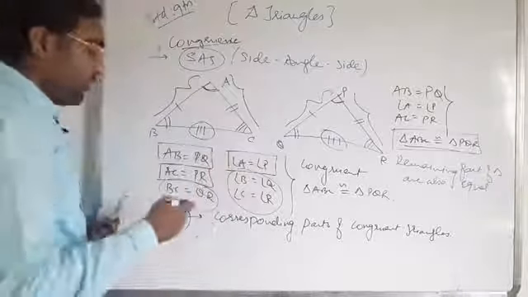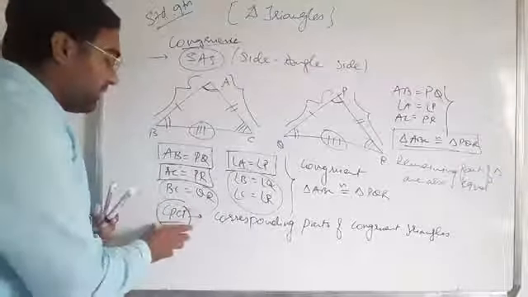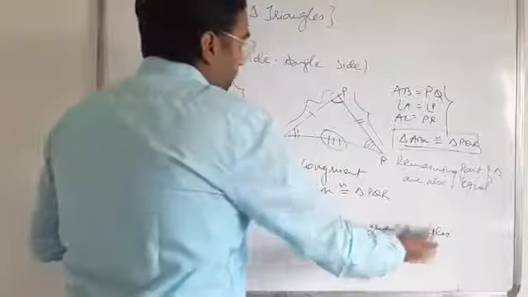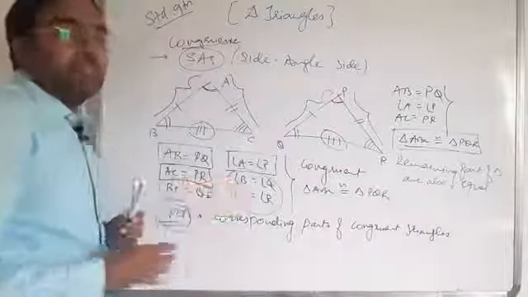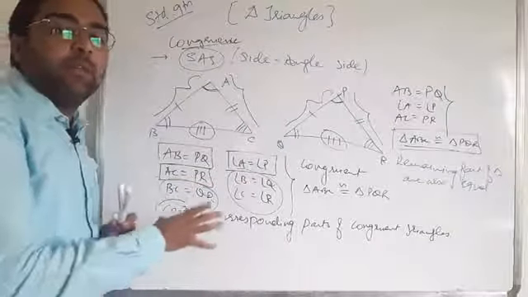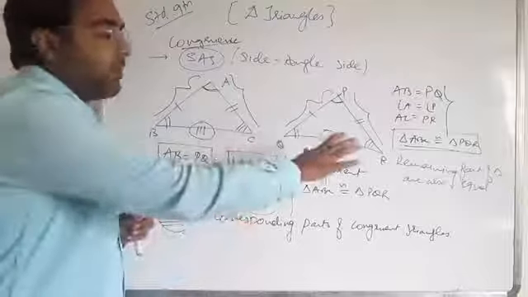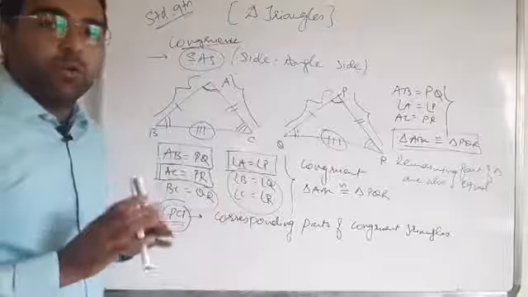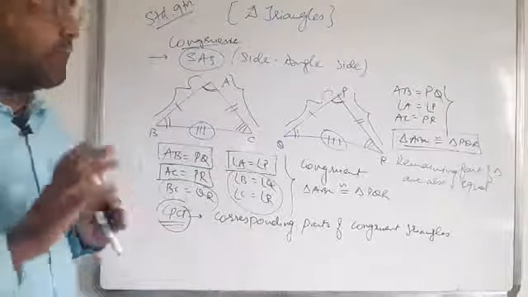That's why we write by the CPCT rule. What is the CPCT rule? Corresponding parts of the congruent triangles. The CPCT rule says that if triangles are congruent, then we write the remaining parts are equal to each other. Clear?